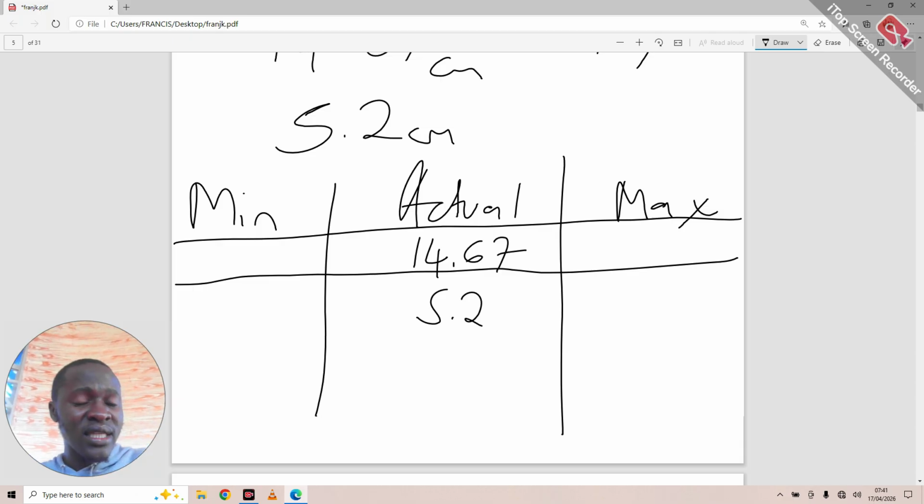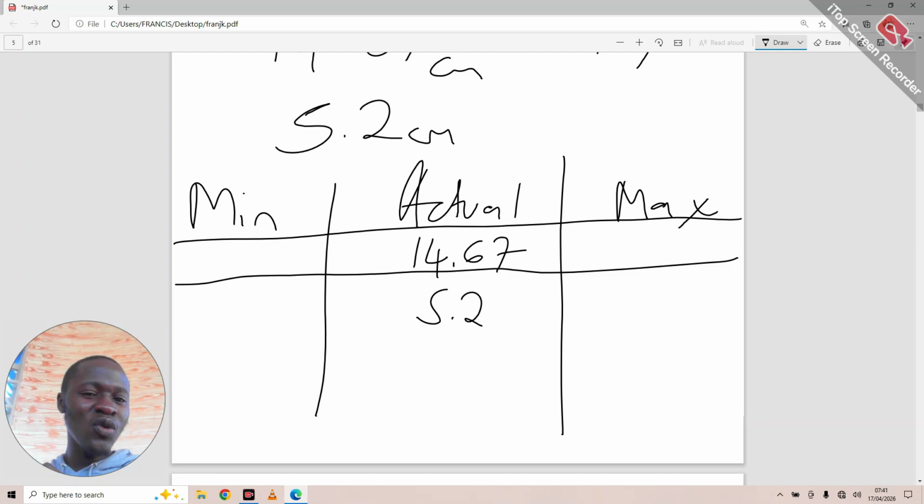What does that mean? In some cases, you won't always be using the numbers to get the accuracy. Sometimes an examiner will give you the accuracy. And how will the examiner give you the accuracy? By the term nearest.